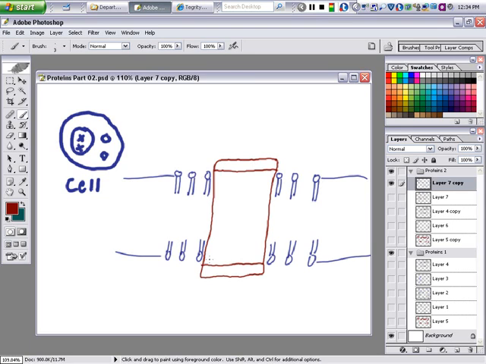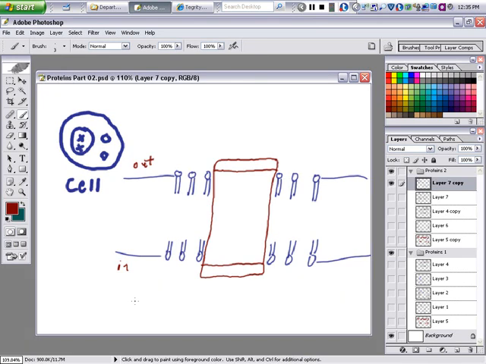Now, you all should be able to figure out, let's say that the top is going to be the outside of the cell, and the bottom is going to be the inside of the cell. What liquid is found on the inside of a cell? What is that liquid called? Cytoplasm. The substances in the cytoplasm are dissolved in what liquid?